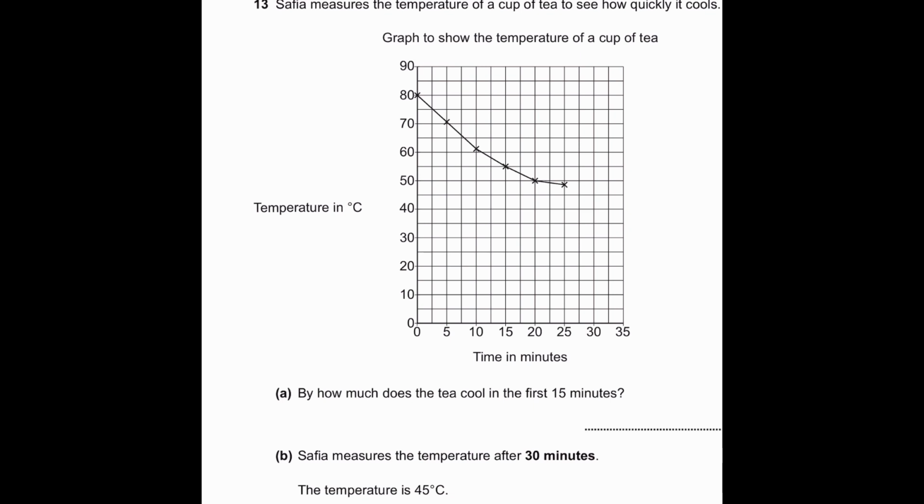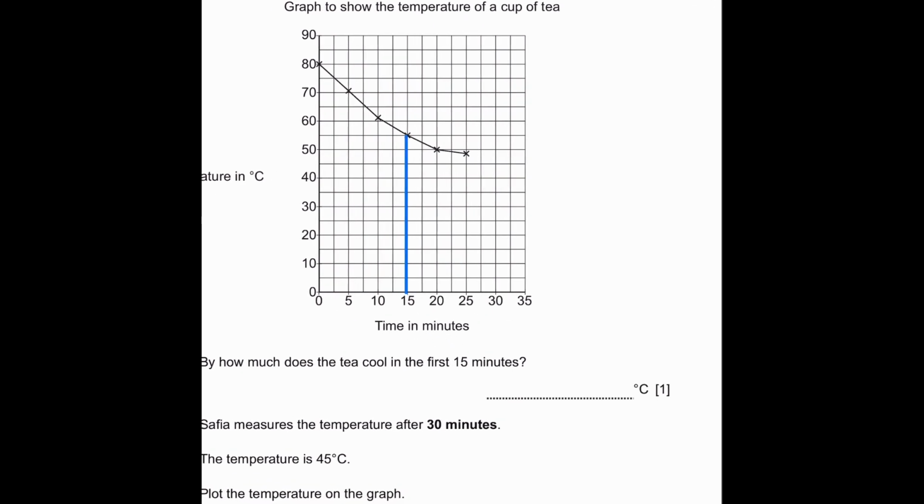A. By how much does the tea cool in the first 15 minutes? So, this line is the first 15 minutes. It shows 55. They started at 80 degrees. So, 80 minus 55 is 25 degrees Celsius.